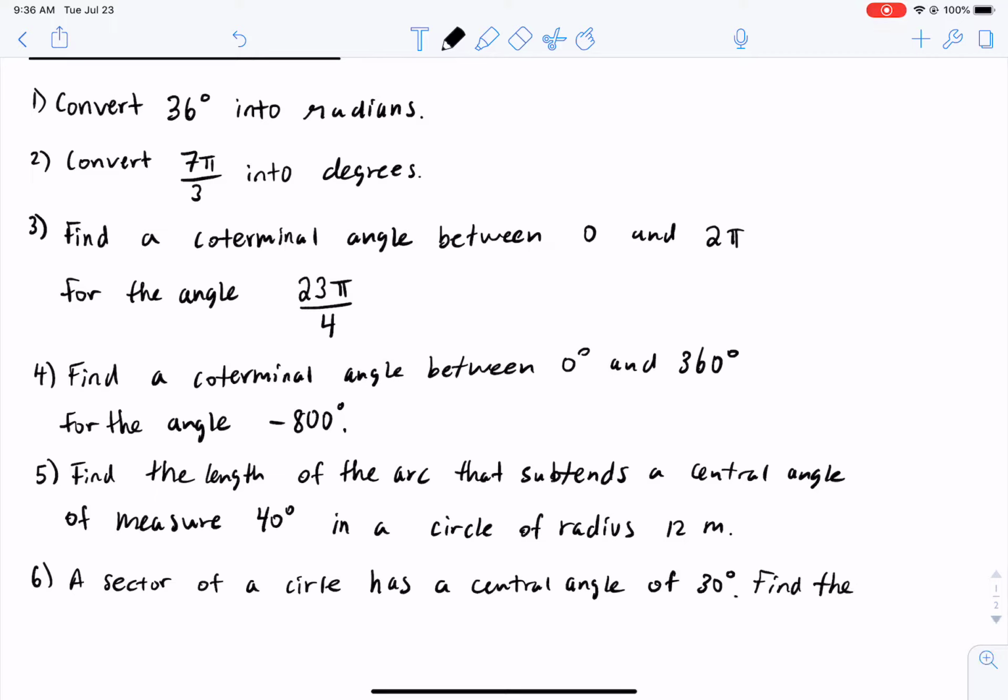Find the area of the sector if the radius of the circle is, say, 6 feet, just like that.